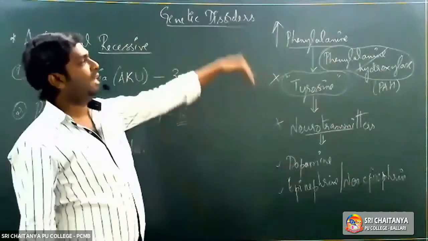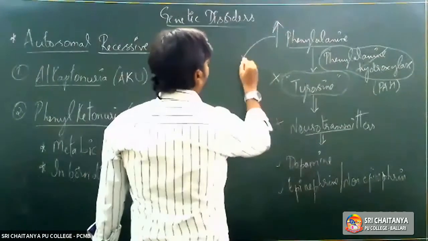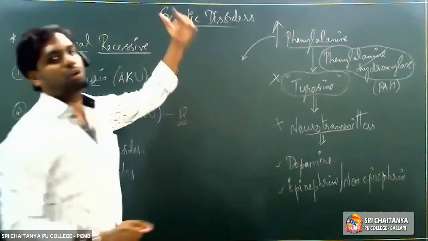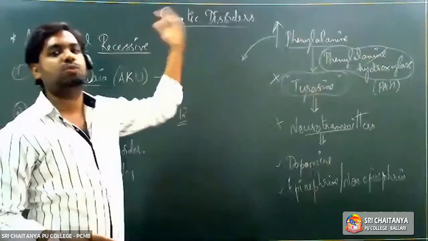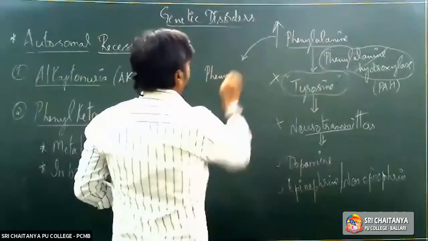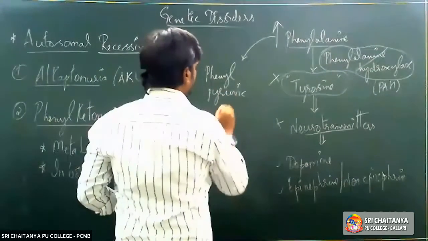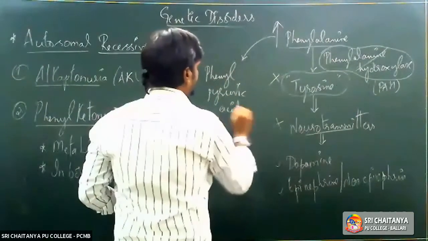Now what happens if phenylalanine concentration in the body increases? This phenylalanine, with increased concentration, would be transformed into another compound which is called phenylpyruvic acid.